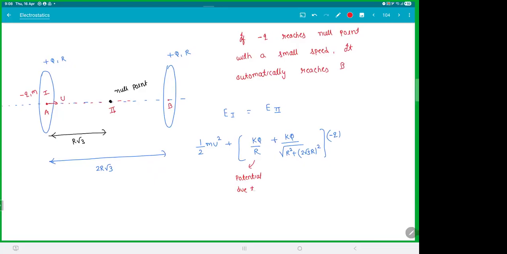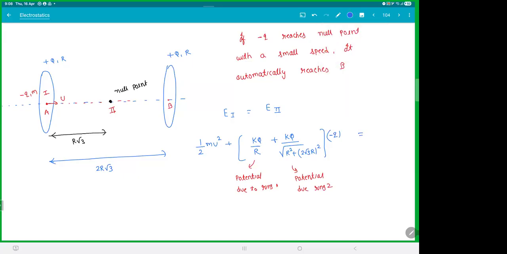Potential due to A and potential due to B, the second ring basically. Most people forget this. They take only one ring, so you have to be careful. You have to find the potential due to both of them into minus Q.